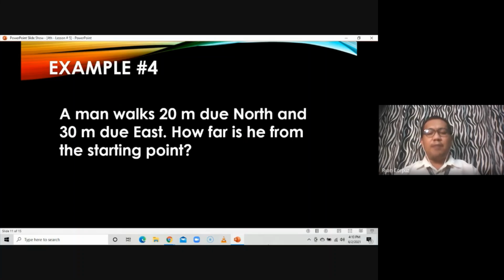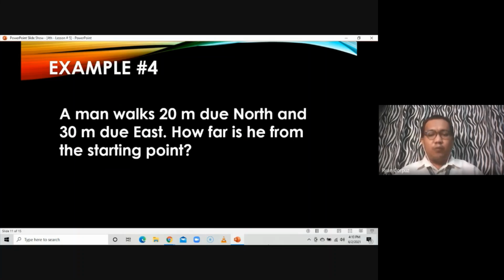So just try to imagine. For example, you walked 20 meters due north, then 30 meters due east. How far is he from the starting point? So to help you visualize better, again, you are going to draw an illustration, so we know what is happening in the problem.